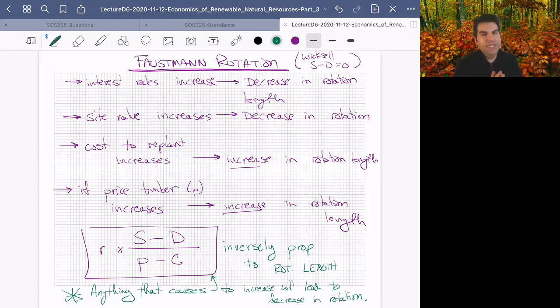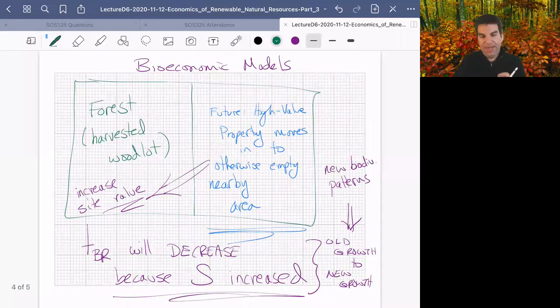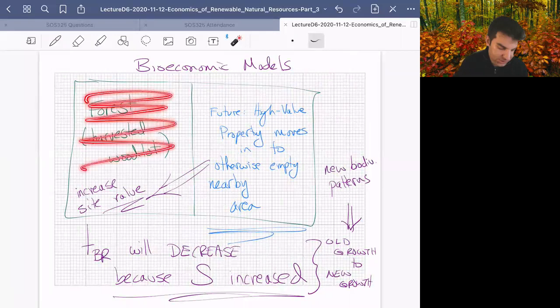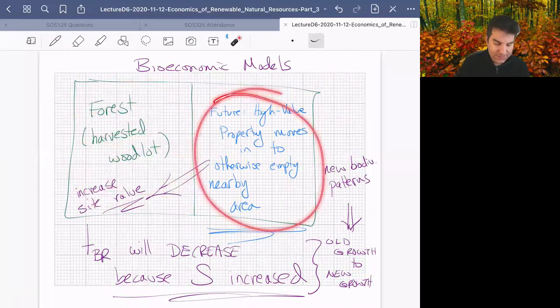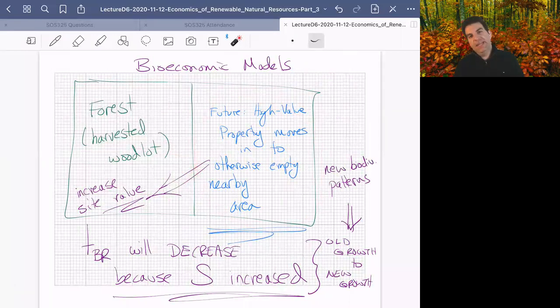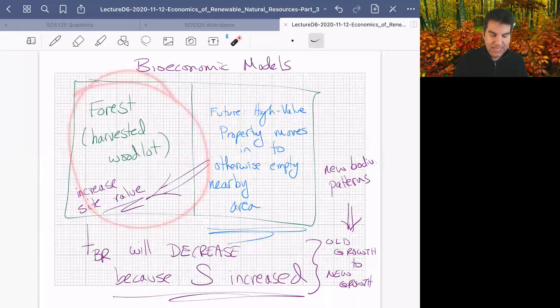So if we're interested in social efficiency, and we're thinking about this hypothetical situation that I drew over here with the harvested lot, the forest, and stuff that's going on here, then it seems like we're still missing something really important in accounting for the negative impacts of the farmer's decisions.